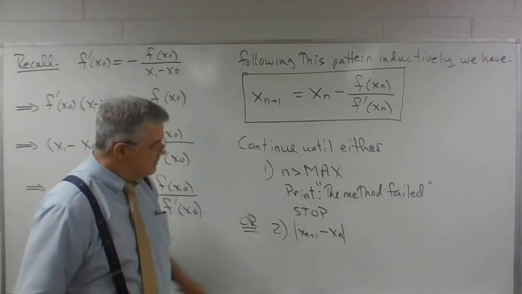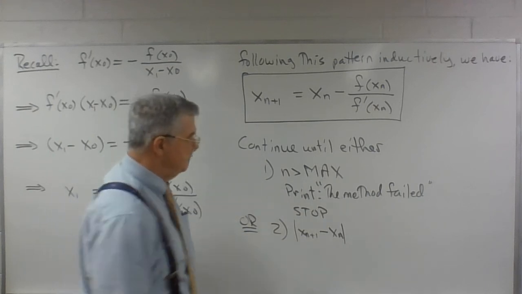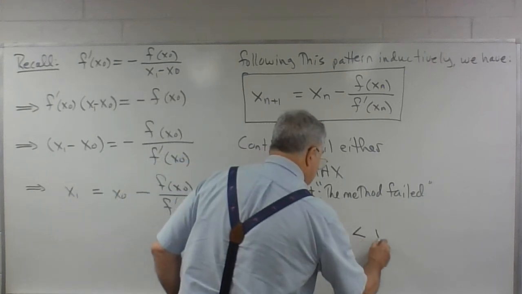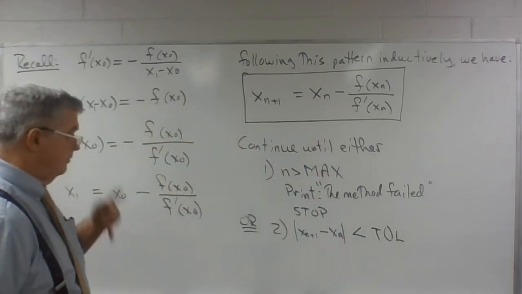Now what we want to happen is this: two successive approximations differ by less than tolerance.